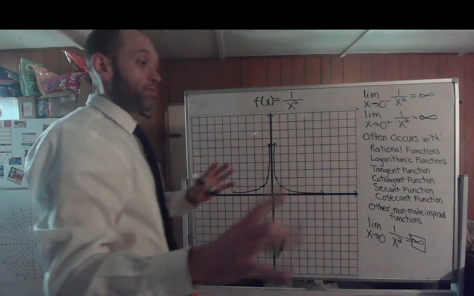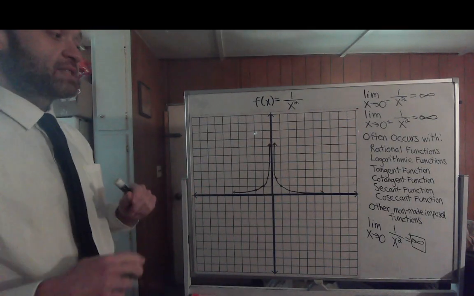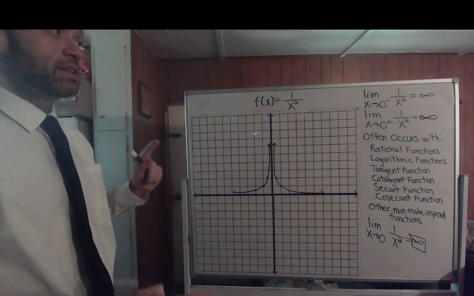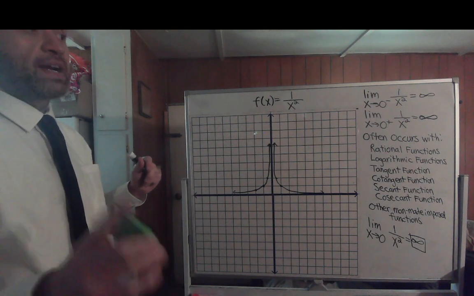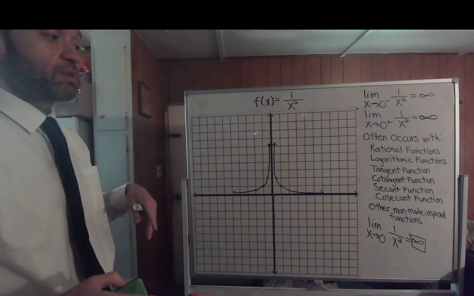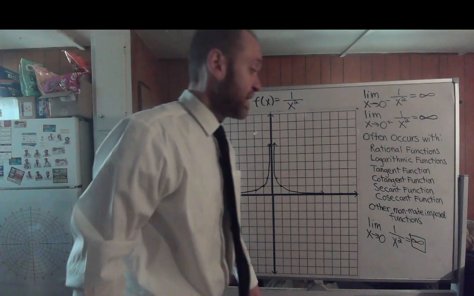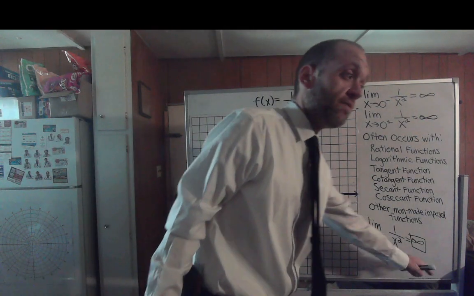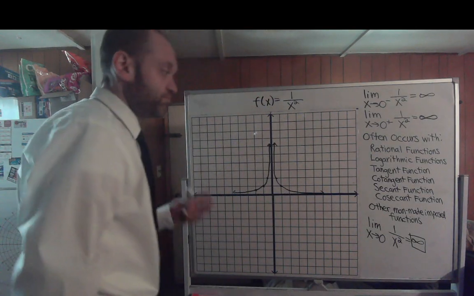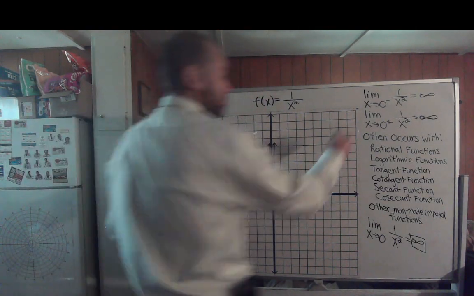But again, your professor may say it doesn't exist because technically a limit has to converge to a finite number in order to exist. But most professors I know would say you would write infinity for your answer. Just so you know, it's going to vary by who your professor is.